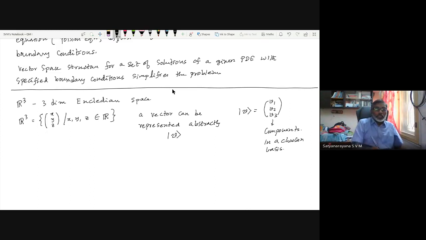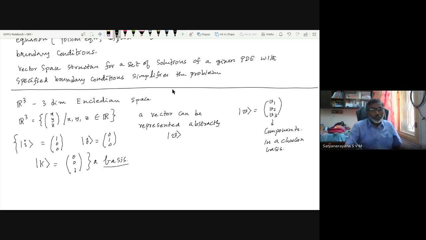Now, typically, we will write i as a unit vector along the x-axis with a column vector like this, and j as a column vector like this, and k as a column vector like this. So this becomes one of the bases. As we said, basis is not unique, so this is a basis.